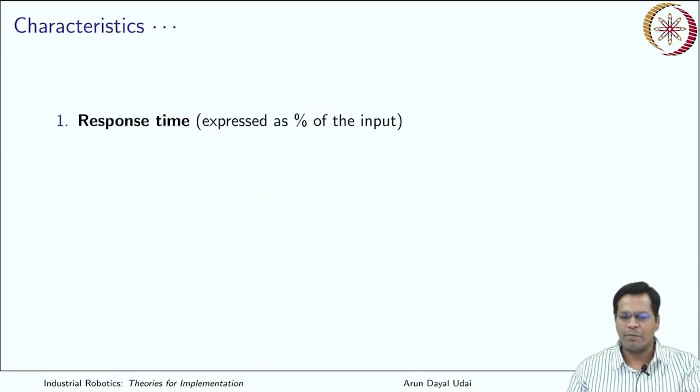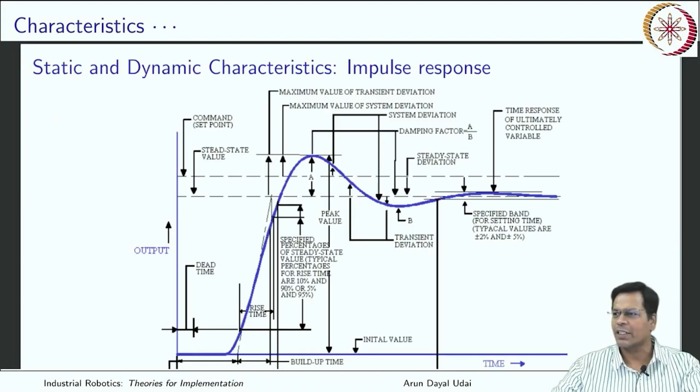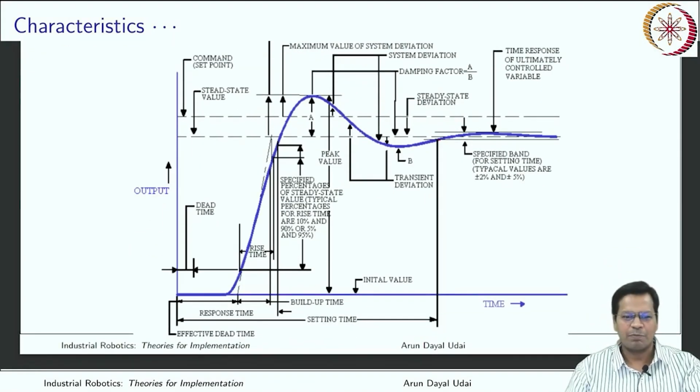The first parameter is your response time. It is expressed as a percentage of input. You can see it marked here, from this value to this value is the response time.